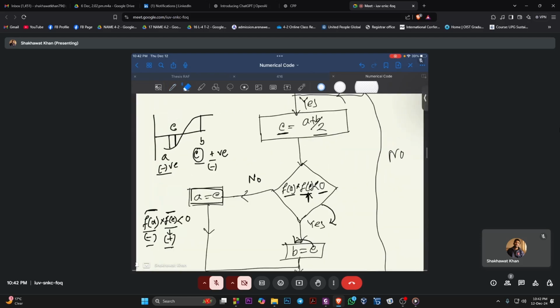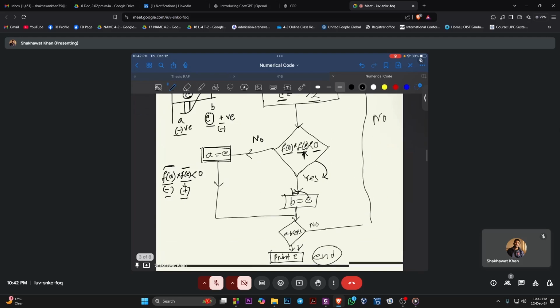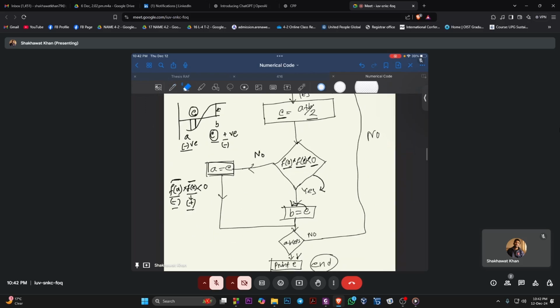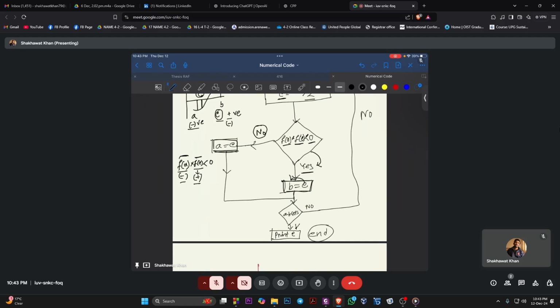So in that case, we will check f of a multiplied by f of c is less than 0 or not. Yes, then we will swap the value b for c. If not, then we will swap the value for a and c. Then our new value b is c, or a is c, no issue.